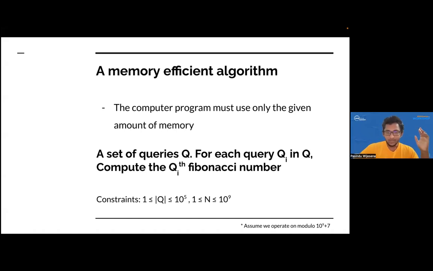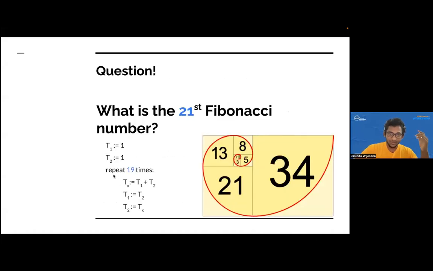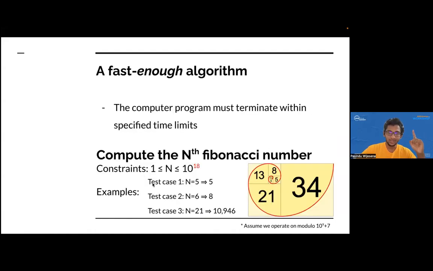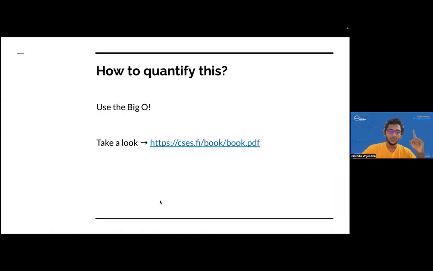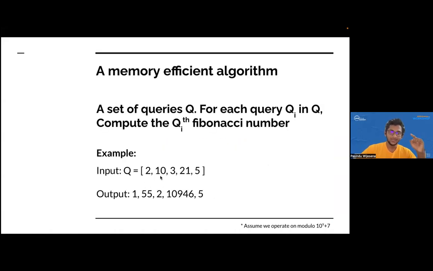So in order to compute the millionth Fibonacci number with this approach, we need to take a million steps. And as we discussed before, it's going to take us 1 second, right? So to compute a single answer in Q we take 1 second, another second, another second. And since Q is going to be a million items long, we are going to take a million seconds to find the answer.